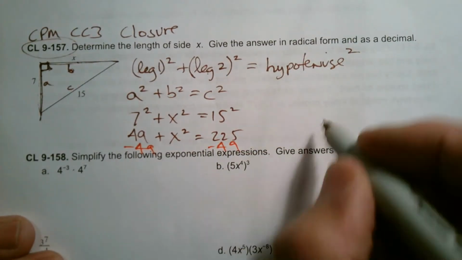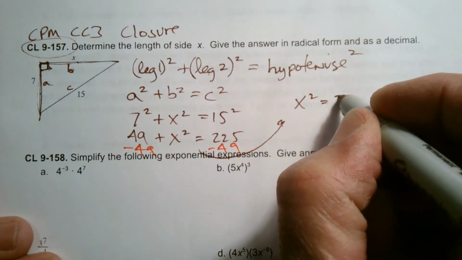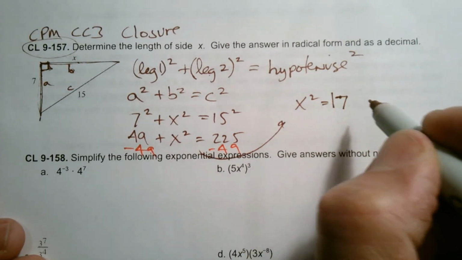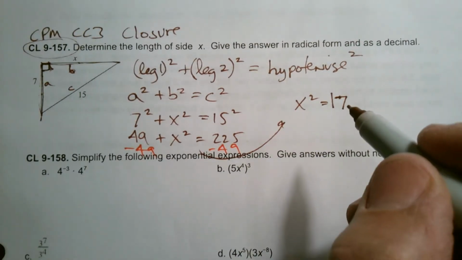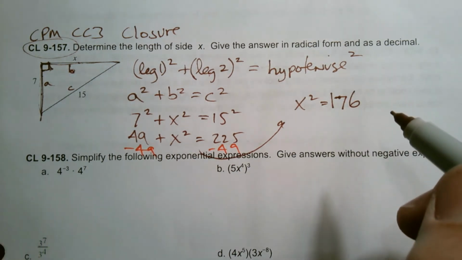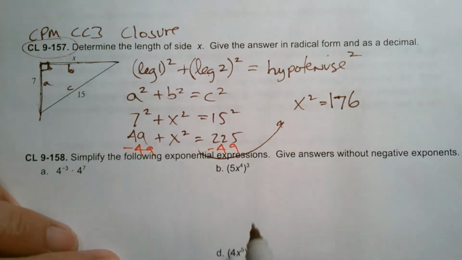So x squared is equal to, if I subtract those, 176. So 176 is what x squared is.